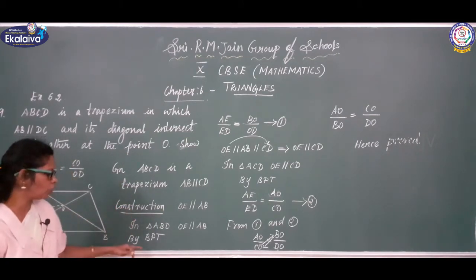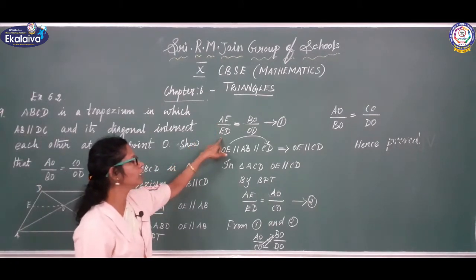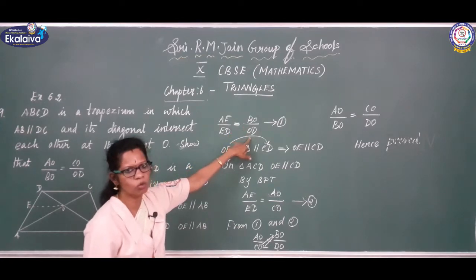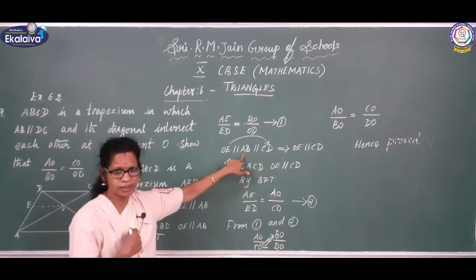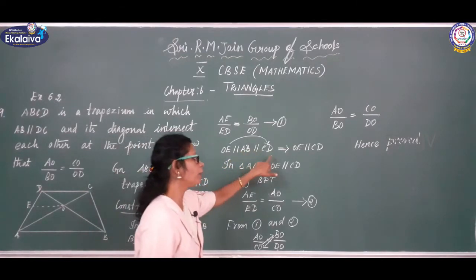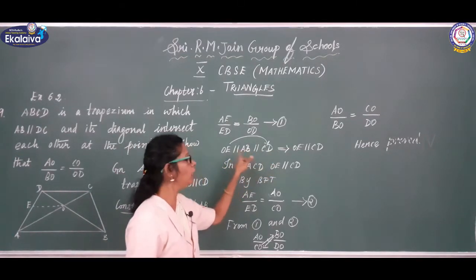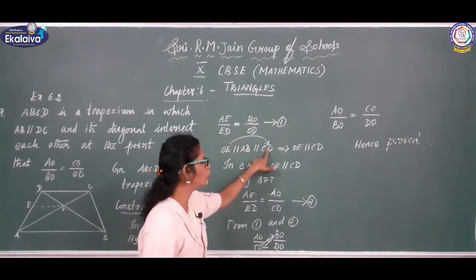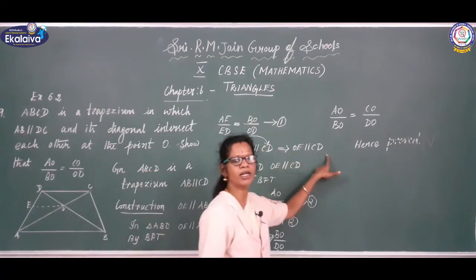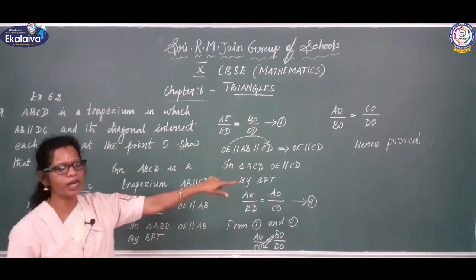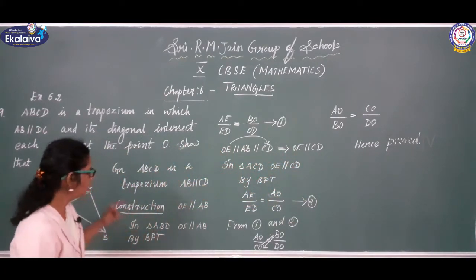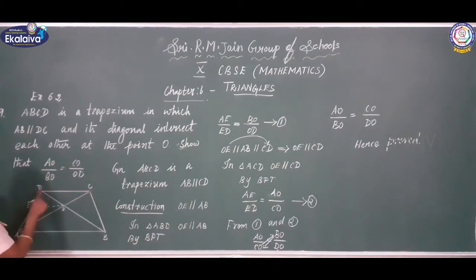That concept we used, and we wrote AE by ED equal to BO by OD. Then OE parallel to AB is our construction, AB parallel to CD is given. When you combine these two, you get OE parallel to CD.